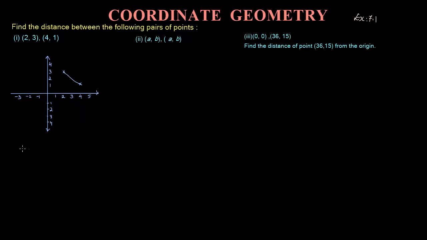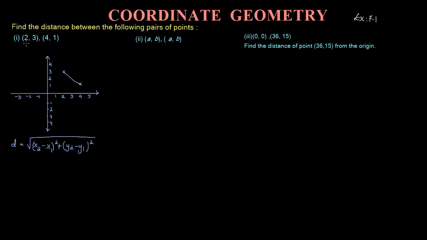So let us solve this by using the distance formula. What is the distance formula? We have d equals the square root of (x2 minus x1) whole square plus (y2 minus y1) whole square. Then we will find the values of x1, x2, y1, y2 from this.